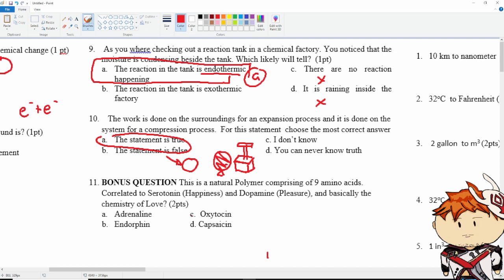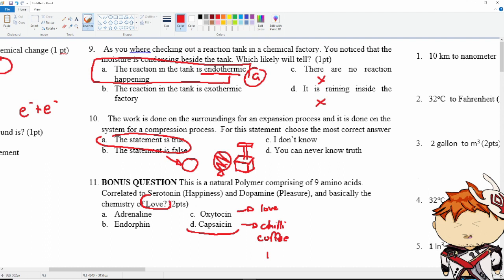Natural polymer comprising of 9 amino acids. Capsaicin, I don't know if it's coffee or chili. I think capsaicin is chili. Caffeine is probably for coffee. Then what's nicotine? I don't know. Oxytocin is for love.